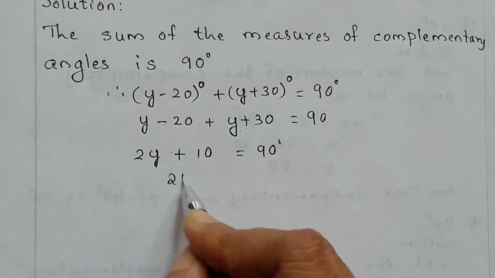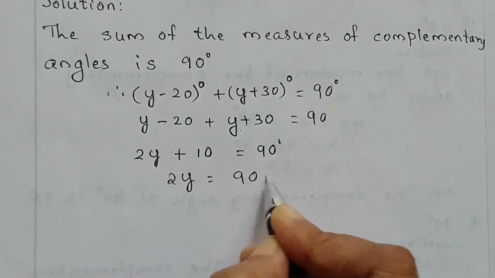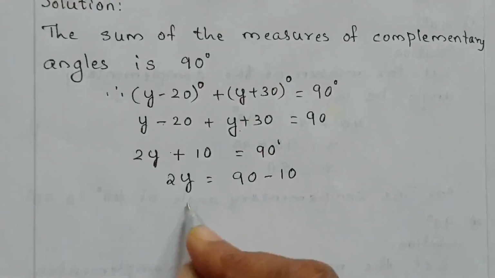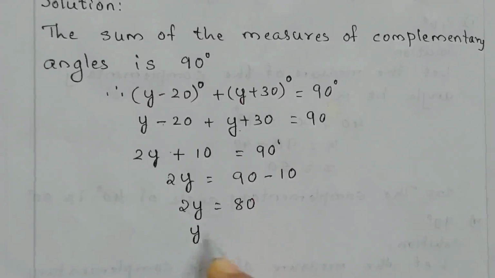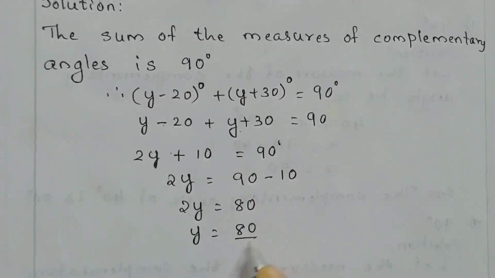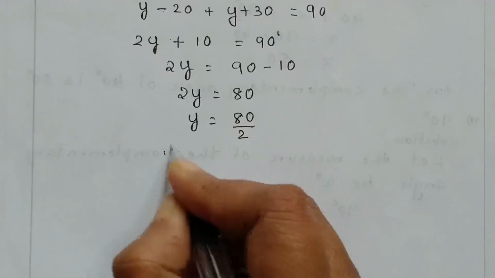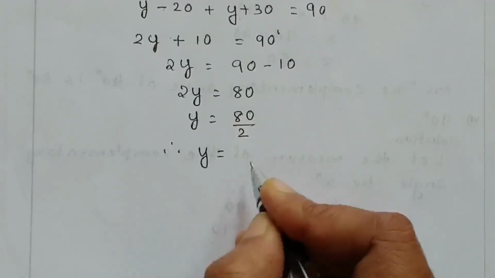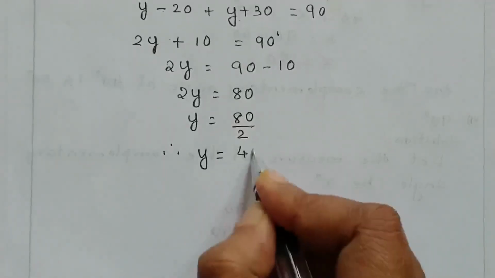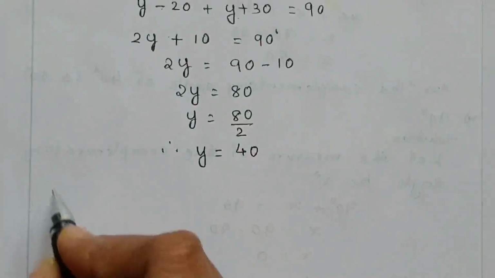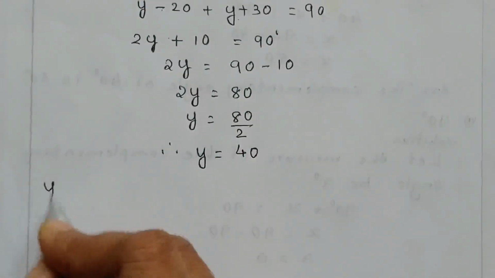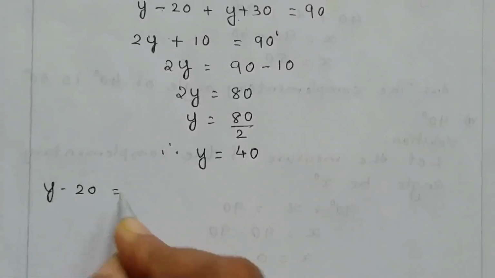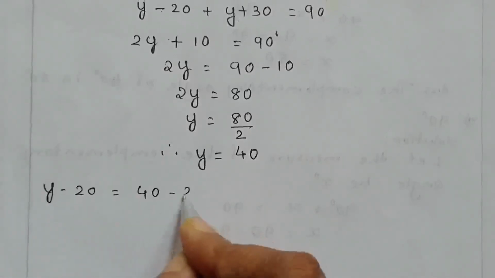So 2y is 90 minus 10, that is, 2y is equal to 80. So y is equal to 80 divided by 2. Therefore, y is equal to 40. So your two angles, one is y minus 20 and the other one is y plus 30. So y minus 20 means 40 minus 20.